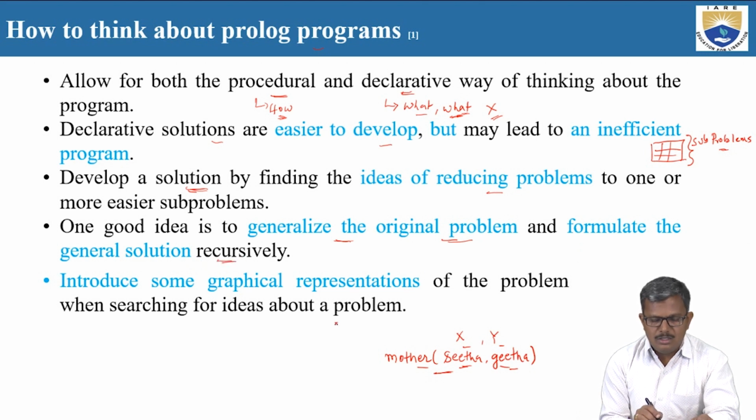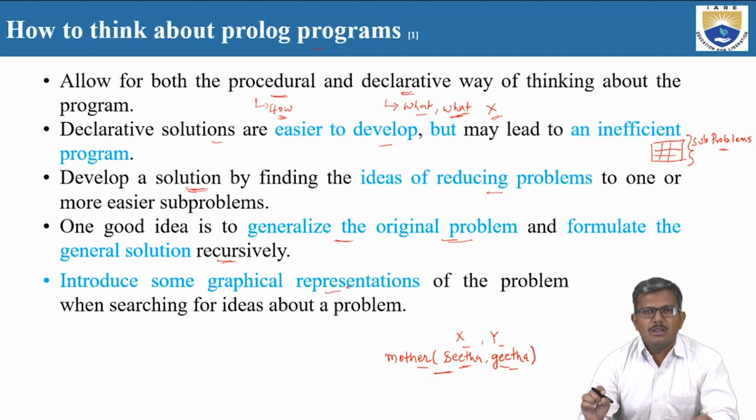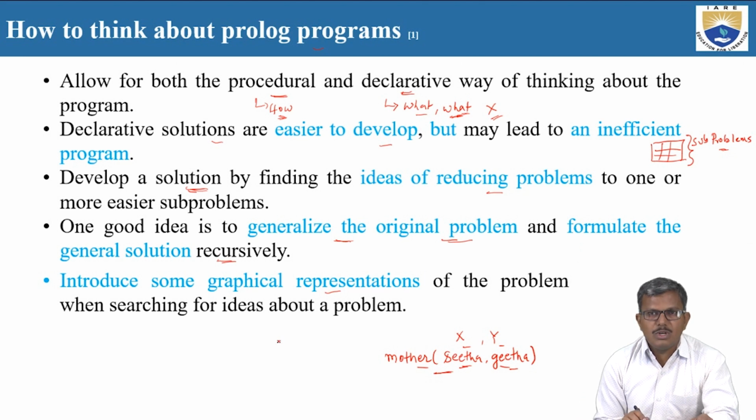Next, introduce some graphical representation. So this is very important. Visualizing, or graphical representation, is going to tell us how we are going to solve the problem, especially when it comes to AI programs. Some state will be given to you, and your task is to move from the given state to the desired state.